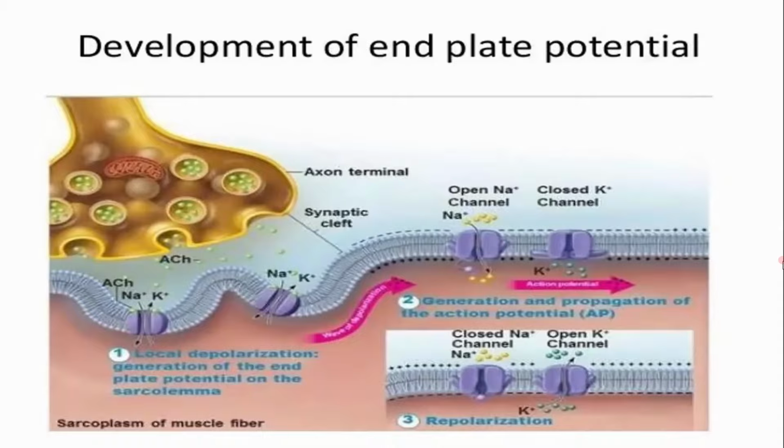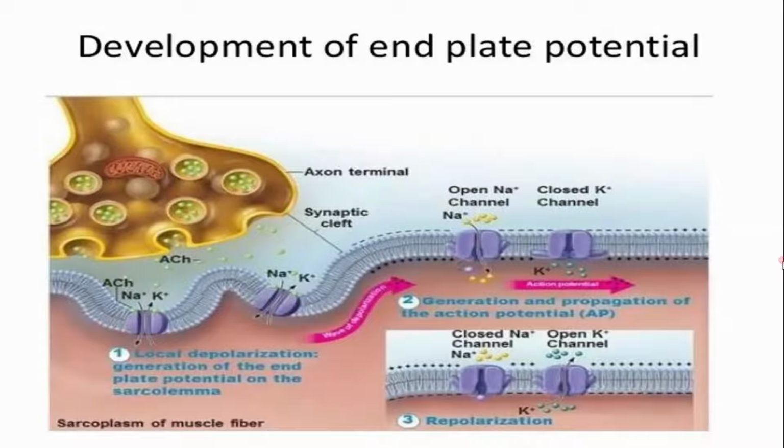Now, usually there is always generation of an action potential in the postsynaptic terminal, that is the muscle end plate, because the amount of neurotransmitter release is large, that is 60 neurotransmitter vesicles, each containing 10,000 molecules of acetylcholine, are released during each transmission, and there are 15 to 40 million receptors present.